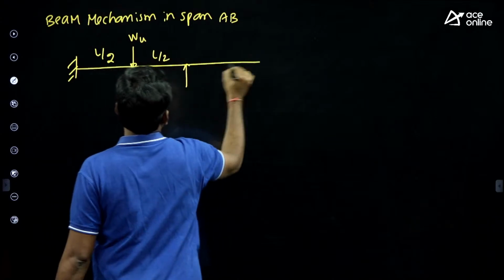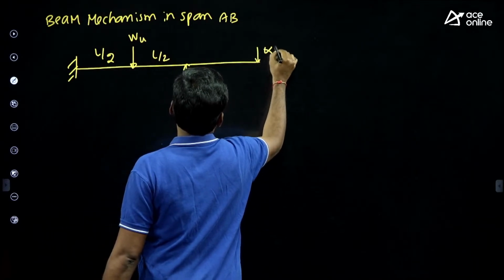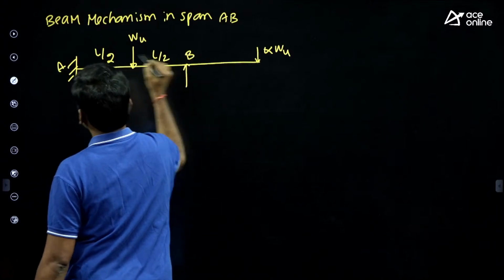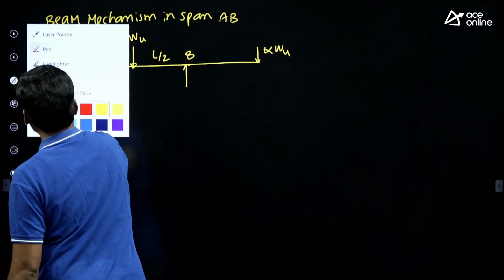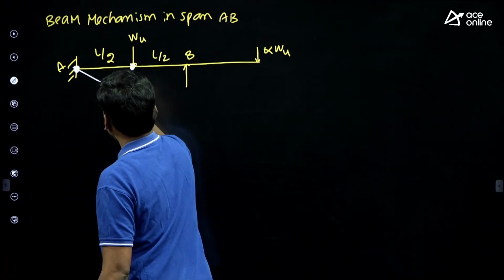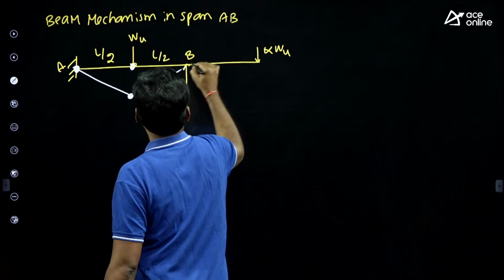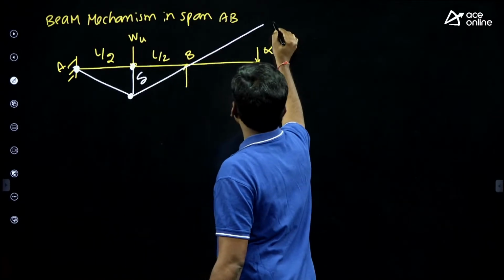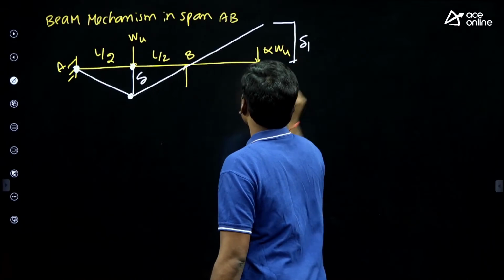So this is the ultimate load and given alpha ultimate load. To get the mechanism only in span AB, where to provide the plastic hinges? Then mechanism will form like this, right? Okay. So this is delta and this is delta 1.